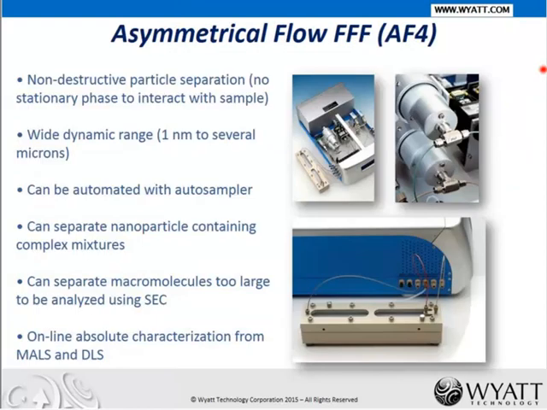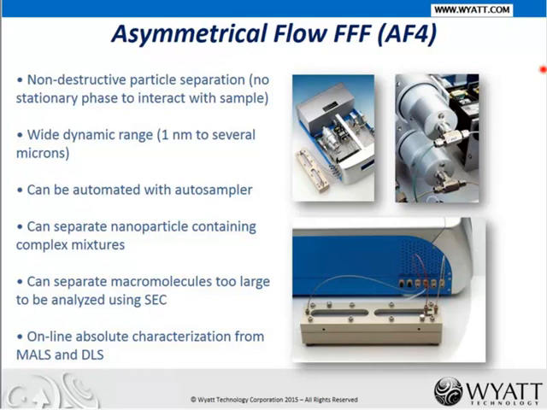The asymmetric flow FFF, or simply AF4, is a non-destructive technique for particle separation or for separating very large polymers. It has a very wide size range from 1 nanometer to several microns. It can be automated with the auto sampler just like the typical HPLC system.